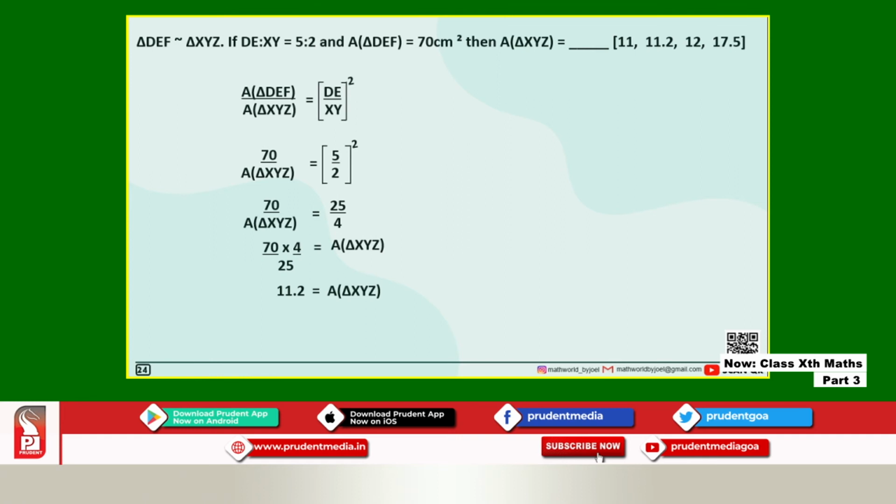So it goes in the numerator there, and 25, which is the numerator, on the other side of equal to comes down as denominator. If you do all that calculation, you will get 11.2 as the area of triangle XYZ, which is one of the options in that fill in the blank.